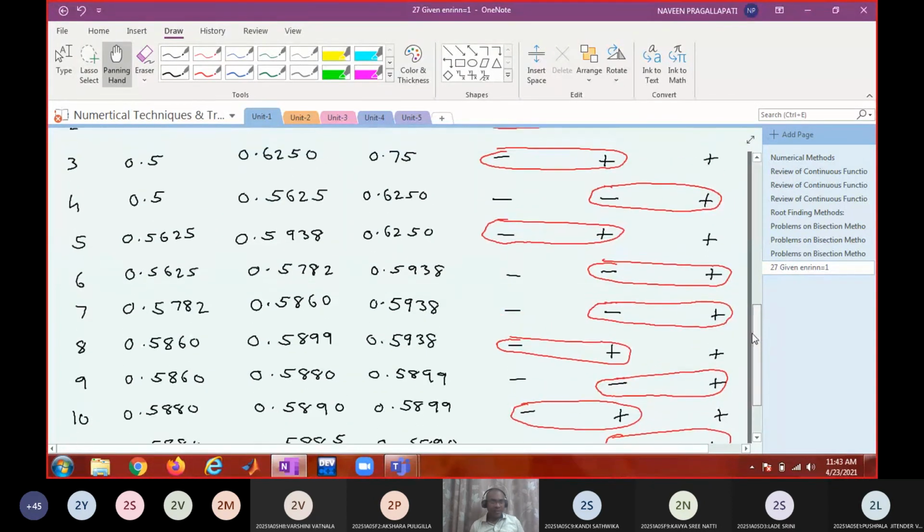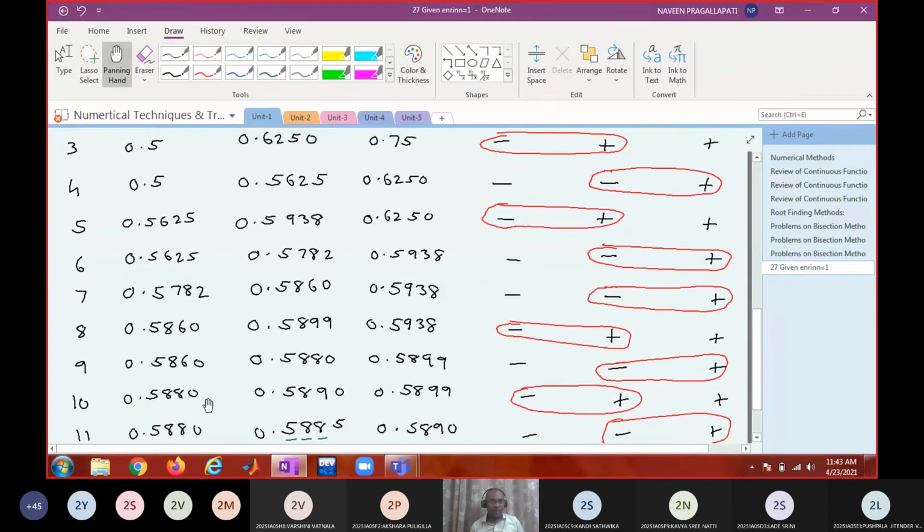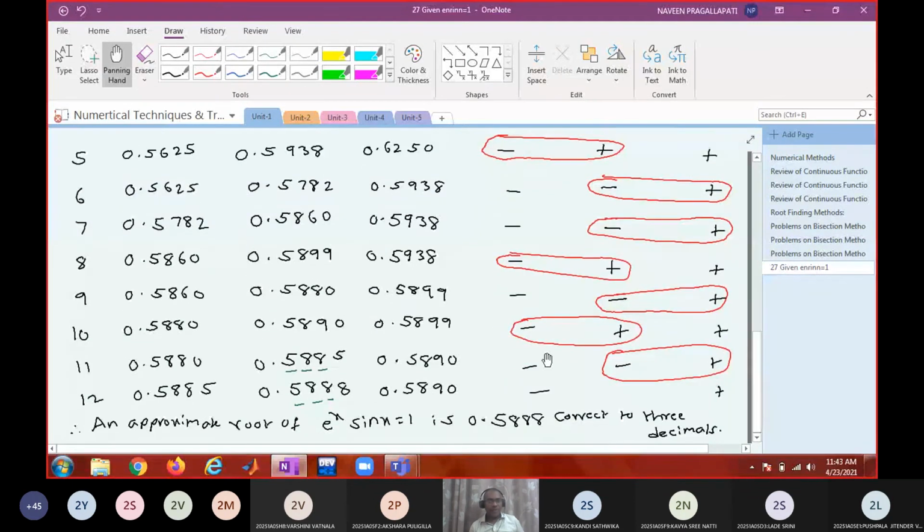If it is asked to give only 2 decimal place of accuracy, it will take only 8 iterations. In that case 0.5899 is the approximate root corrected to 2 decimals. Suppose somebody asks to find the root correct to 4 decimals, how many decimals do you have to fix in your calculator?